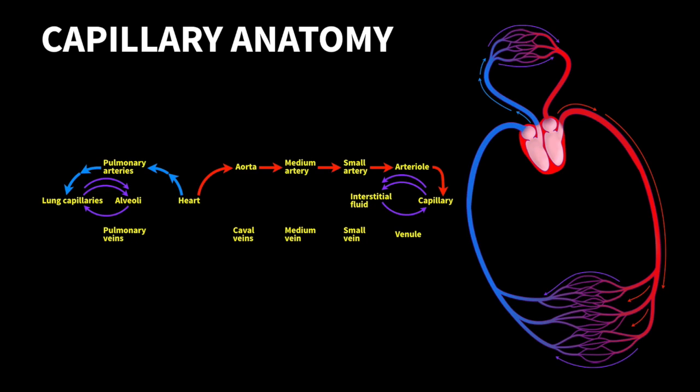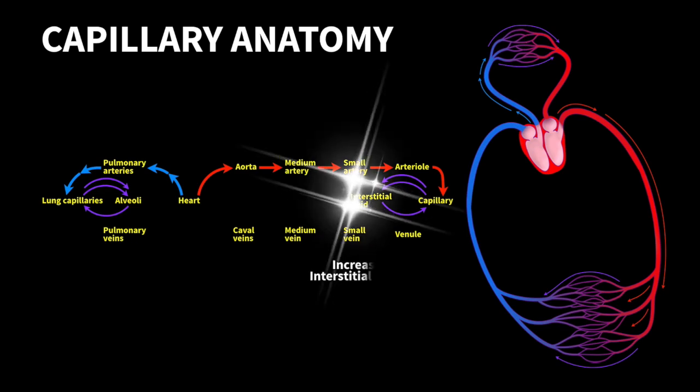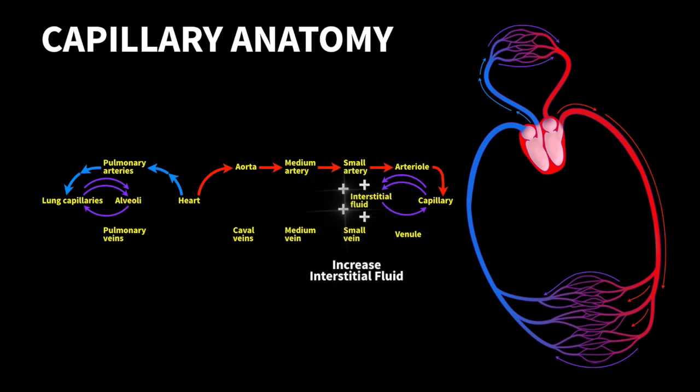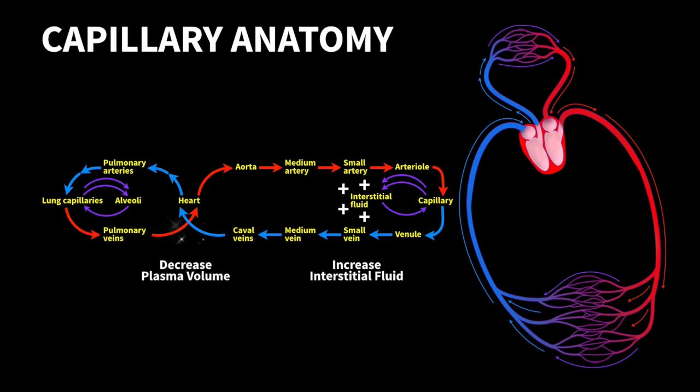But while maintaining the water environment around the cells, they leave excess water behind during capillary filtration, which reduces the volume of blood plasma returning to the heart. This is a problem that will be solved in the presentation on lymphatic vessels.